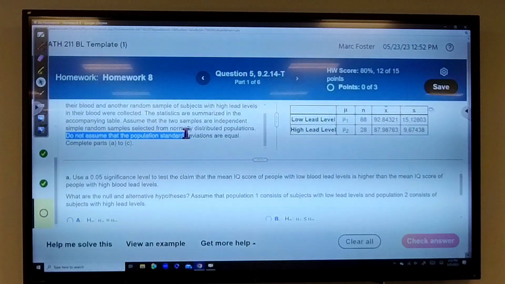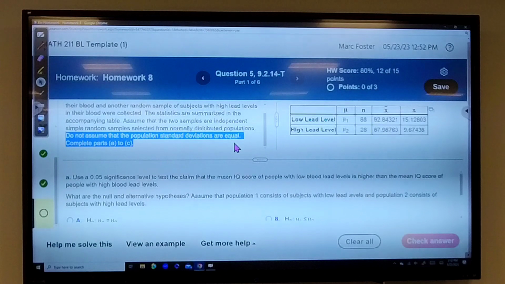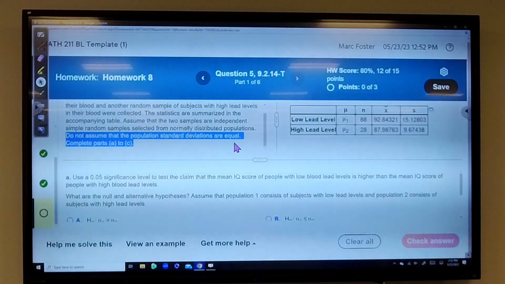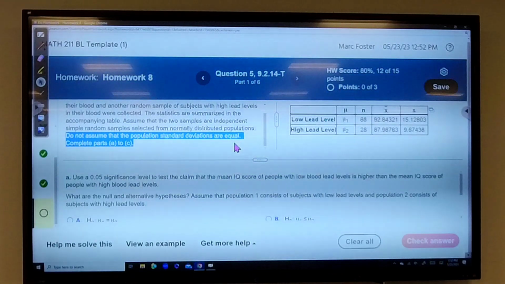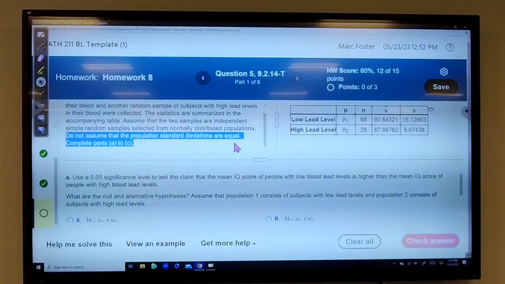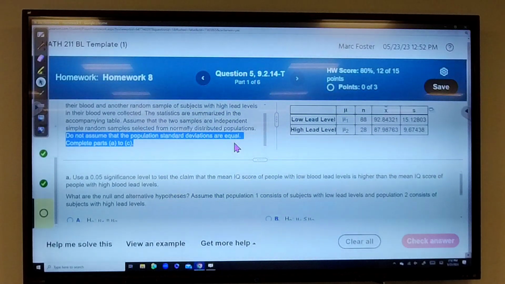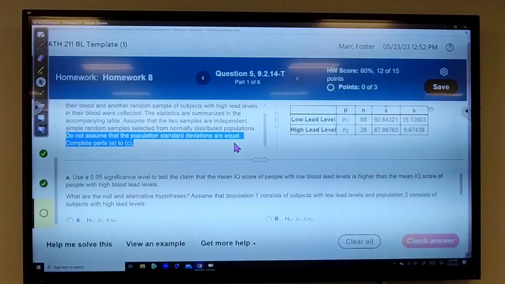Here's those words again. Do not assume that the standard deviations for the populations are equal. That would mean that the population variances are unequal, and we would have to use that complicated degrees of freedom.